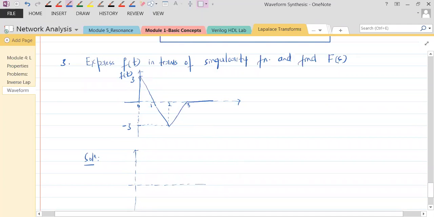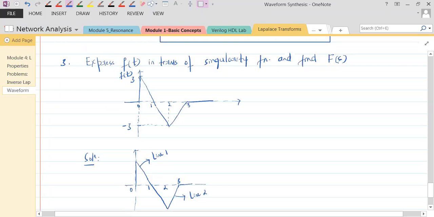See here, 0, 1, 2, and 3. Okay, call this line 1. Line 1. Okay, so this is line 2. Everybody understand this?